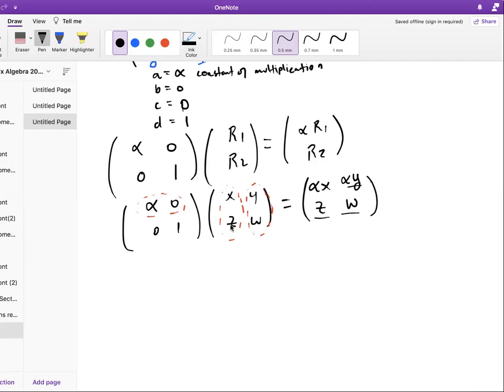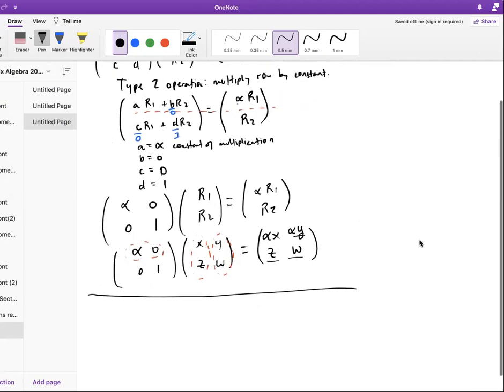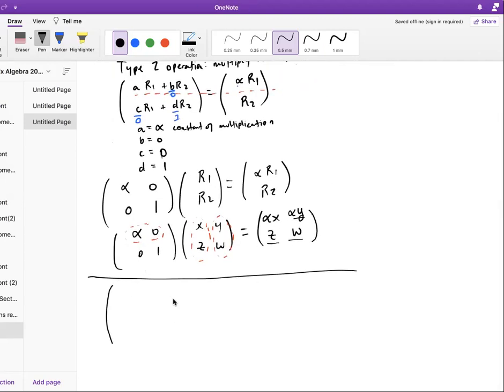So good. Can someone figure out what it would be to make a multiplication in the second row? So where would the position of alpha be?